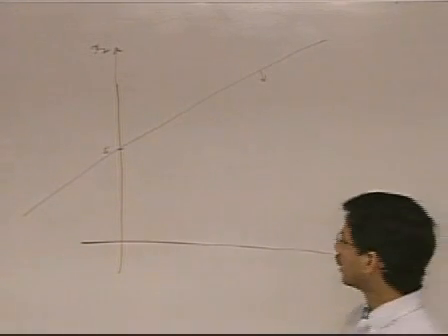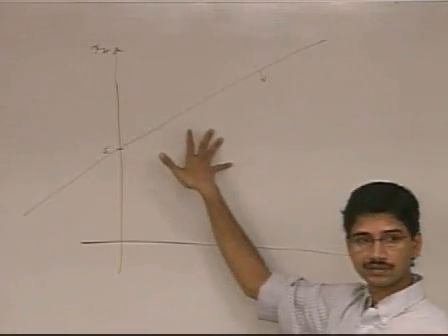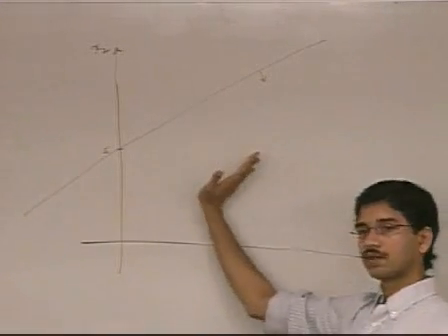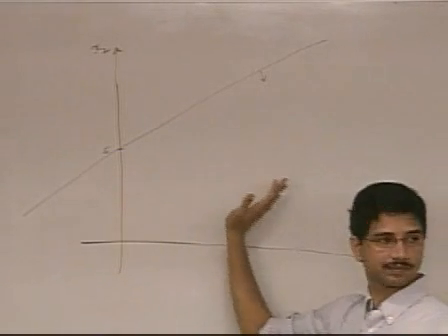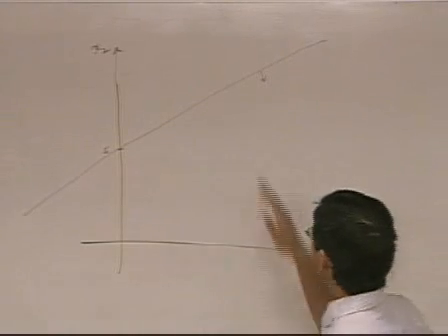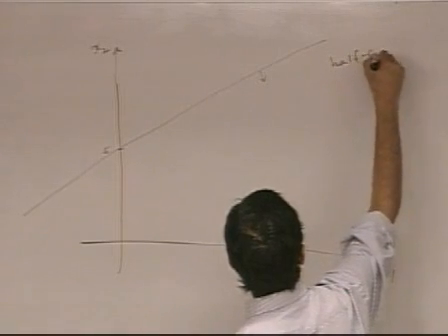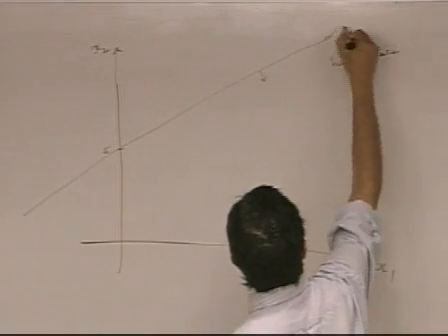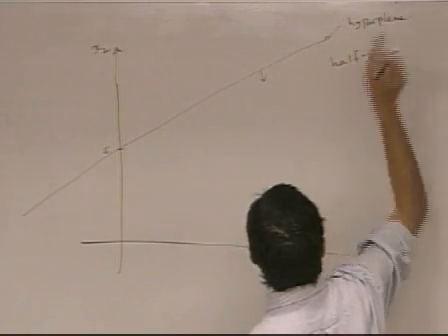A hyperplane divides the space into two parts, and each side of the hyperplane is called a half space. So, in general, this is a half space, and this is a hyperplane.